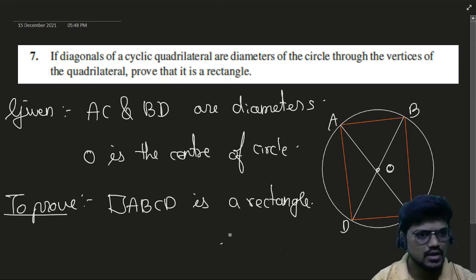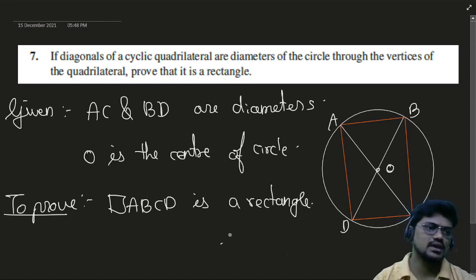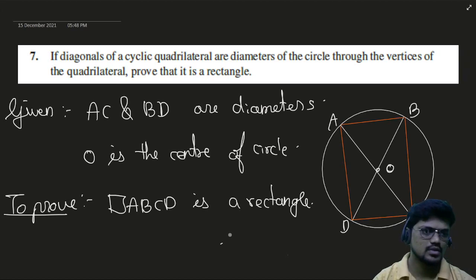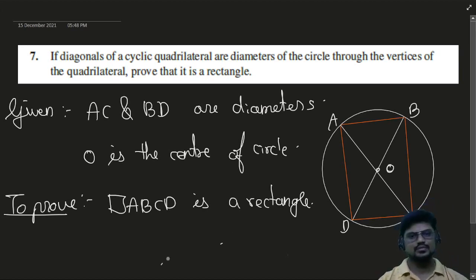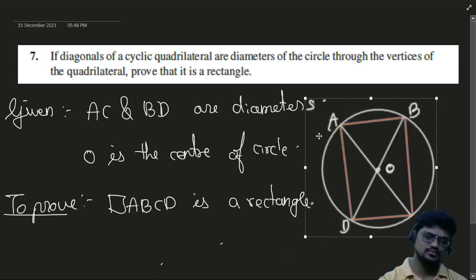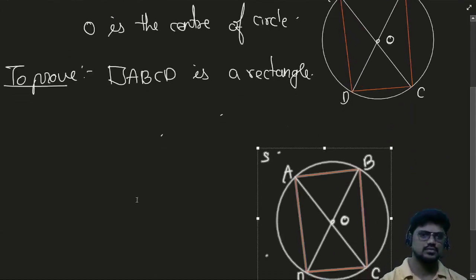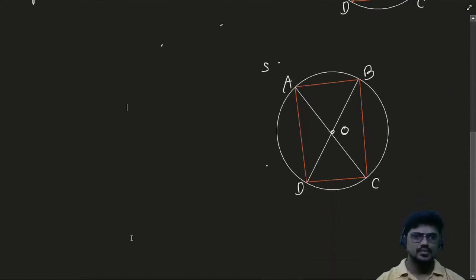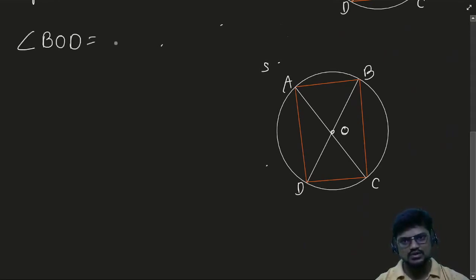Now, how can we prove that it is a rectangle? Let me take this diagram. As per the diagram, since BOD is a straight line, angle BOD will be equal to 180 degrees. Yes or no?